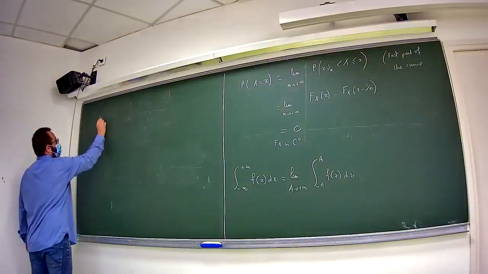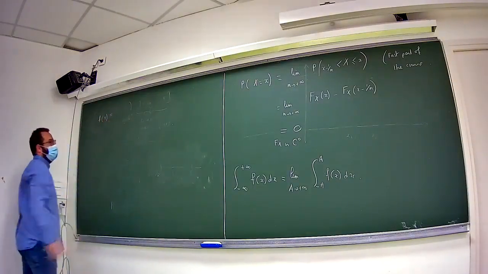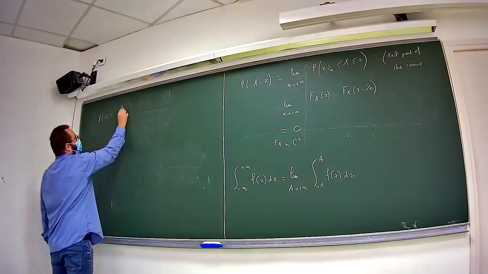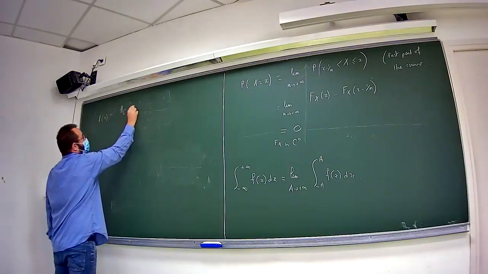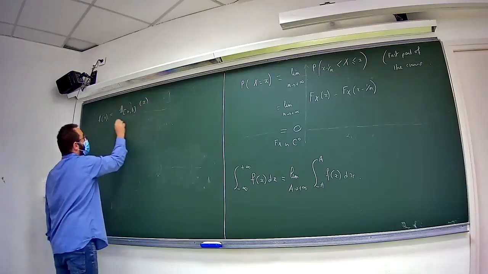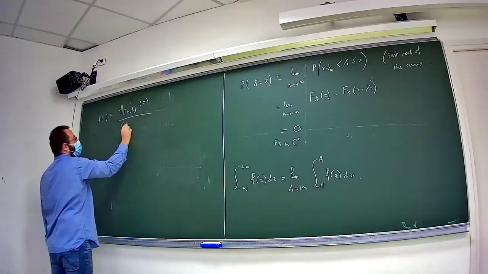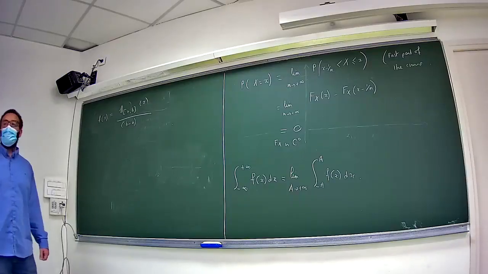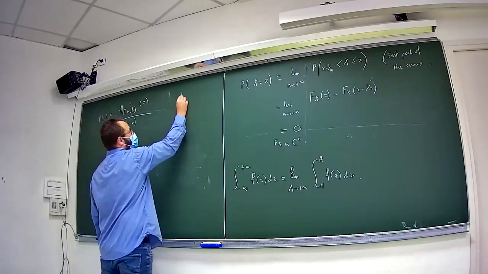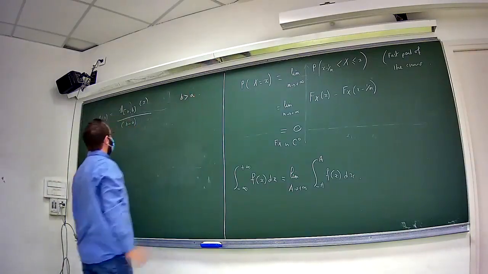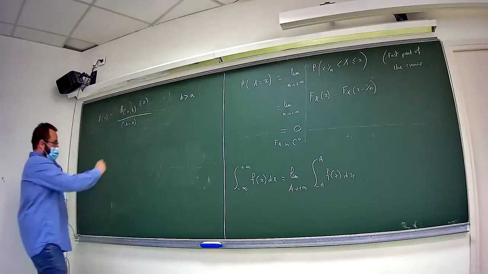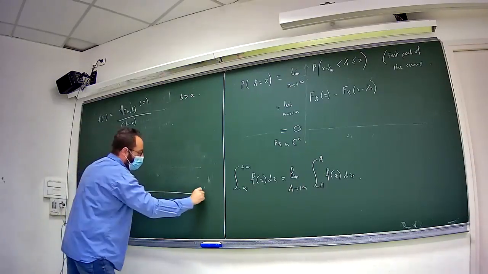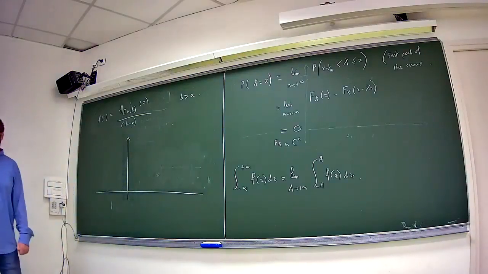So I define f of x in the following way: the indicator function of the interval [a,b] over b minus a. And if I want to make this one compatible with my definition, I impose b to be strictly greater than a. If I plot this density function, what do I have?